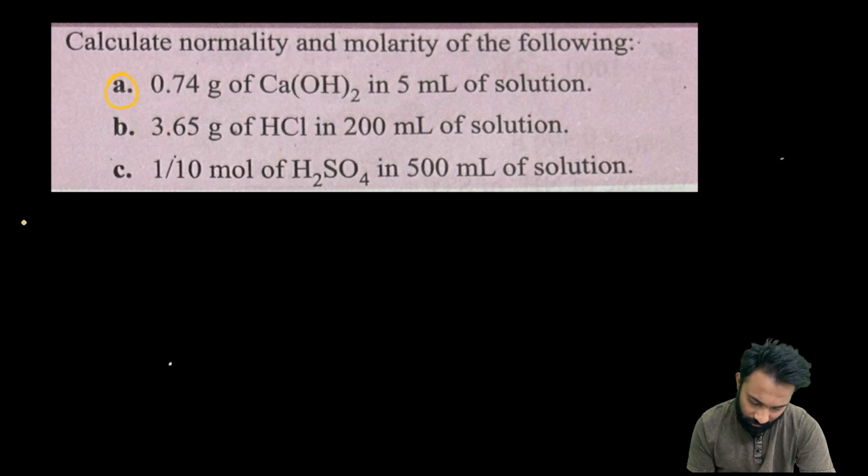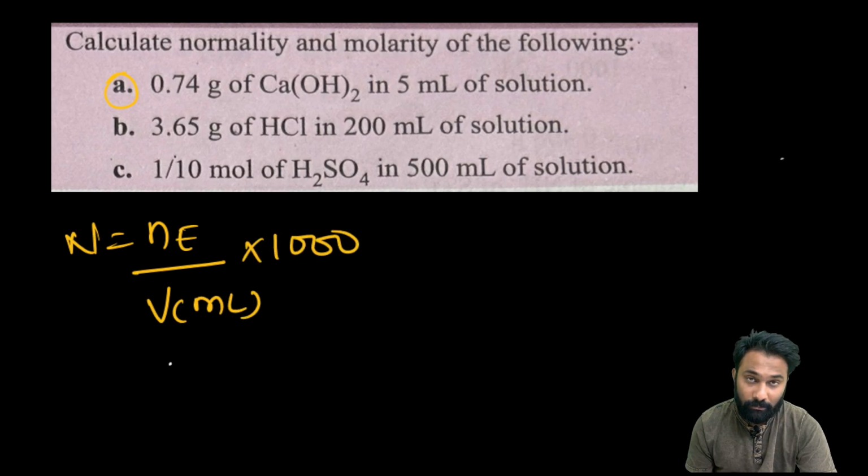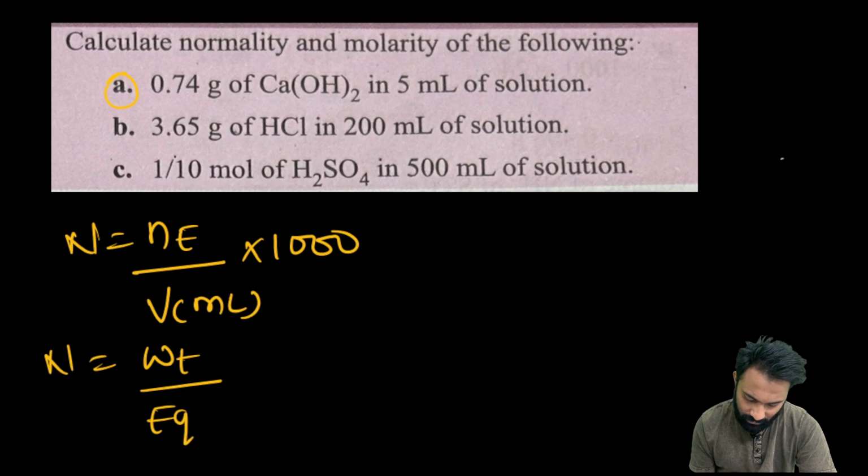What is the normality formula? Normality is equal to equivalence by volume in ml into 1000, right? But what is the equivalence formula? Weight by equivalent weight. So N is equal to weight of solute by equivalent weight into 1000 by V in ml.